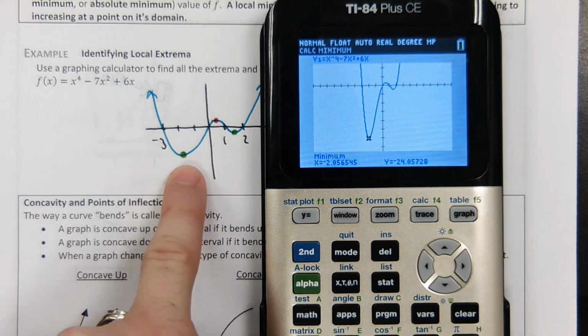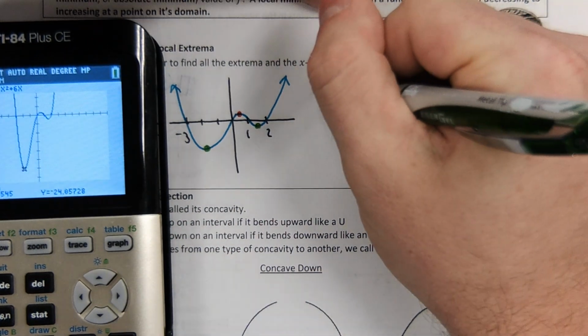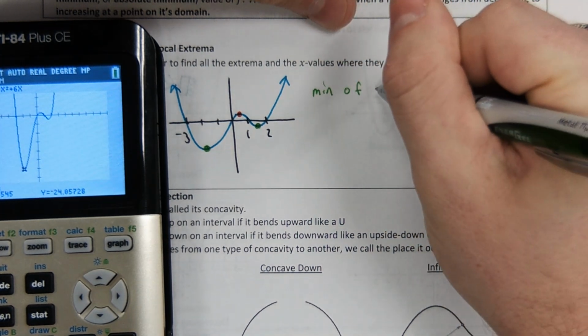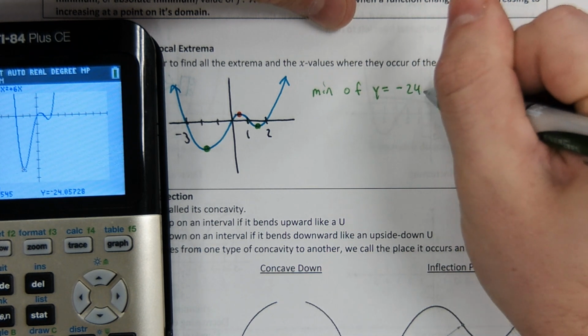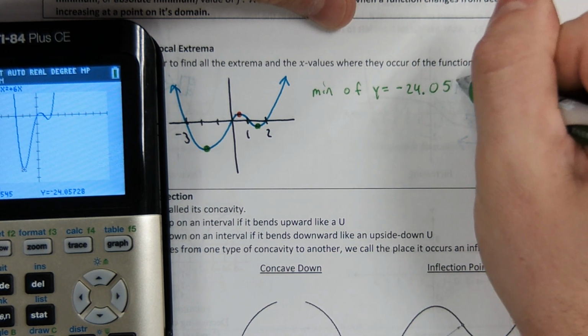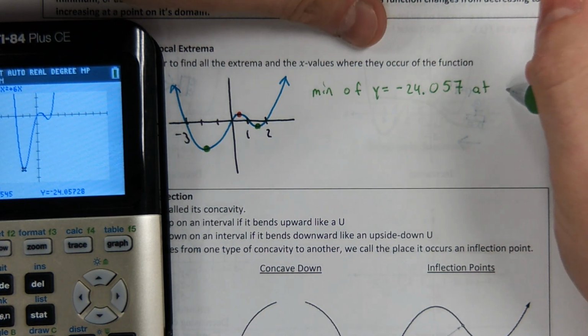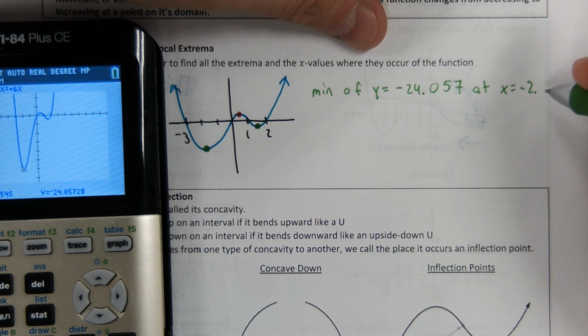So right here, we have a minimum of y equals negative 24.057 at x equals negative 2.057.